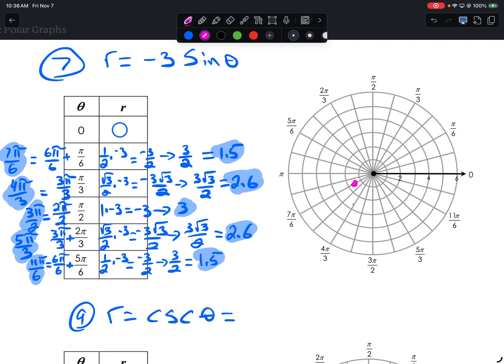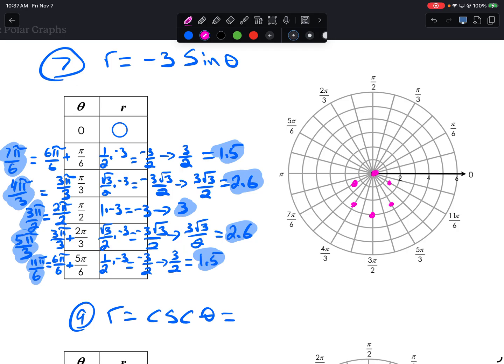So it's about right there. And then at 3 pi over 2, I have 3. 5 pi over 3, 2.6. A little over halfway. And then at 11 pi over 6, I have 1.5. So right in between the first and second ring. And then I have my 0, 0 as well.